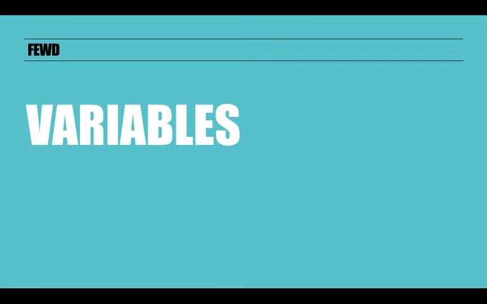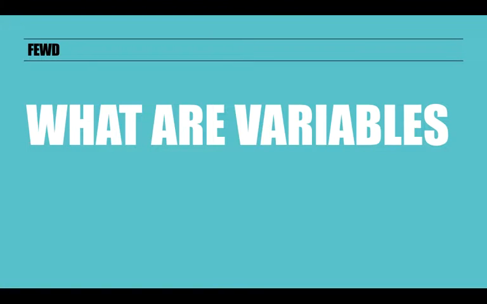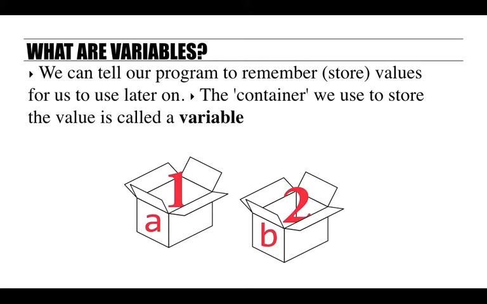Cool. Okay. So variables. First of all, what are variables? Variables are useful because we can use them in order to store information. So think of them as little containers in our code that save information.